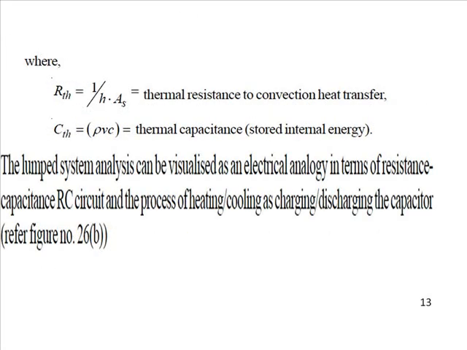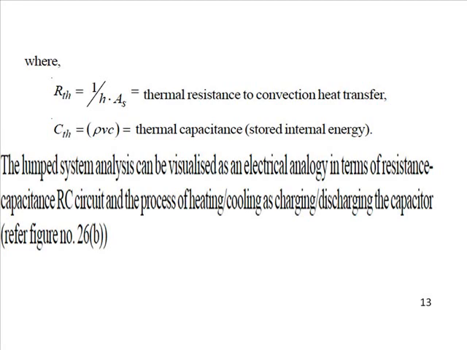So as we have discussed, Rth, that is 1 upon hA, is the thermal resistance offered due to convection heat transfer, and Cth, that is rho Vc, is the thermal capacitance or stored energy in the body. In equation C, the time constant is rho Vc divided by h into As, where we can write rho Vc as Cth and 1 upon hA as Rth.